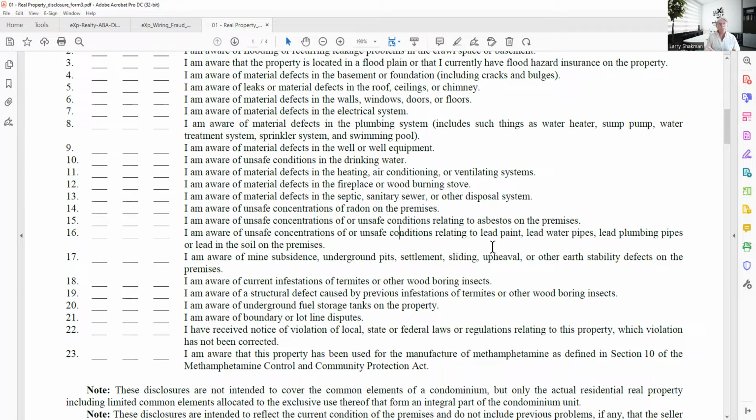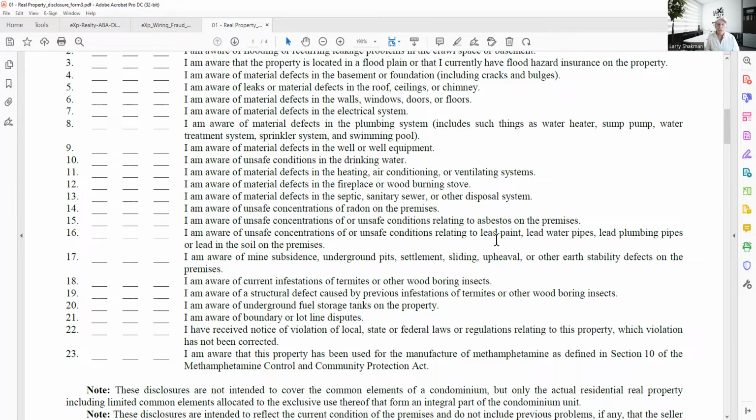Those would have to be mitigated and removed in some cases, and you're going to need a professional to mitigate any type of asbestos tiles or asbestos in the property. And then, of course, number 16, any unsafe concentrations relating to lead paint.